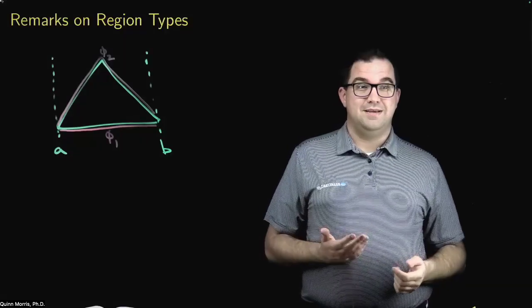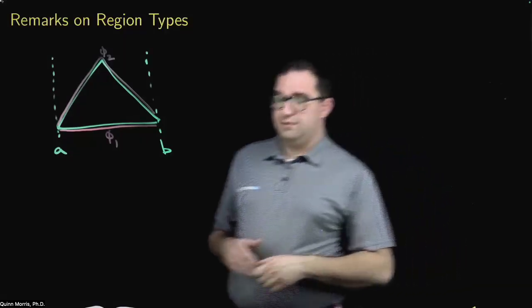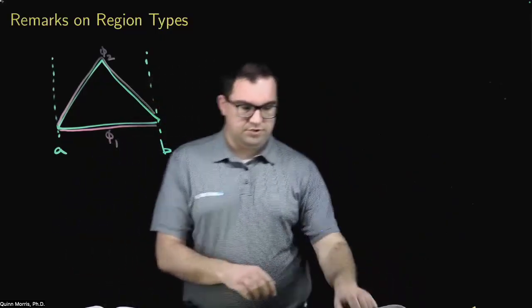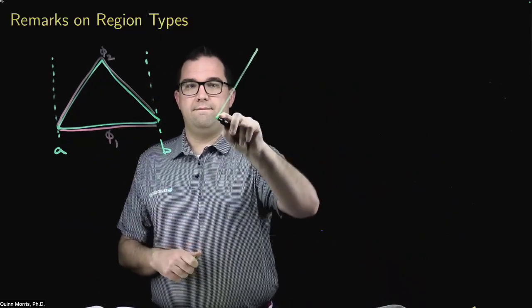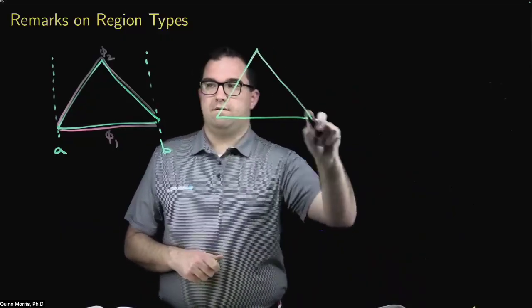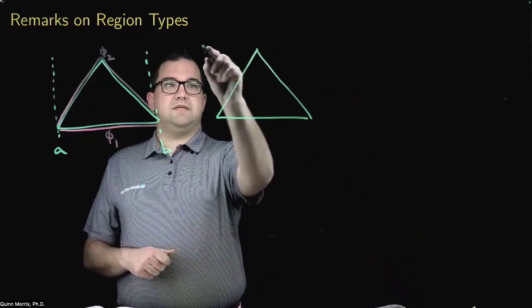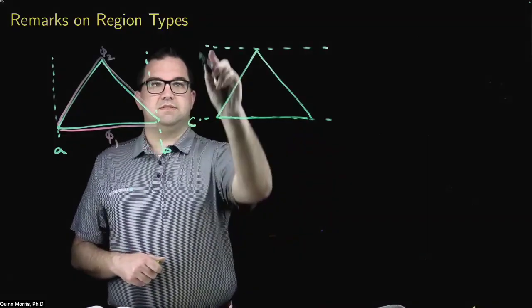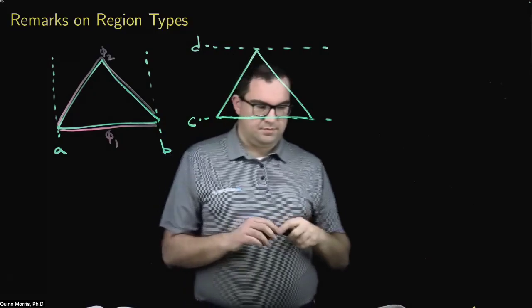It also is a type 2 region, right? So if I look at this, I can also think of this. Let me just redraw the triangle over here. So I can also think of this as my y values are bounded between, say, some c and some d.